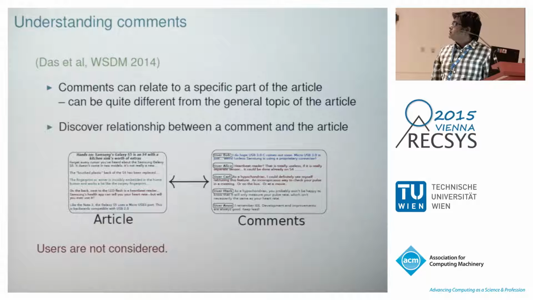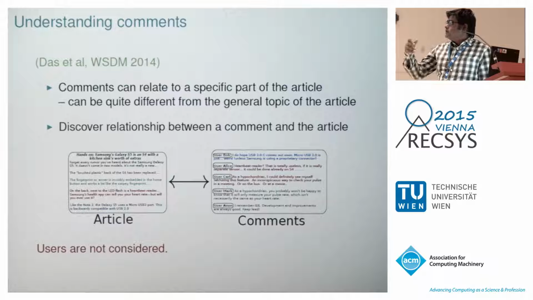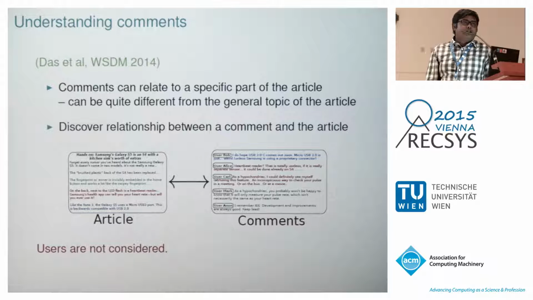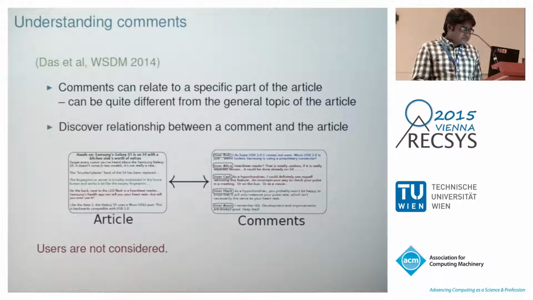For example, one person commented on the heartbeat reader, and another on the USB port. Although this is a review article of a mobile phone, people are interested in commenting on specific parts.